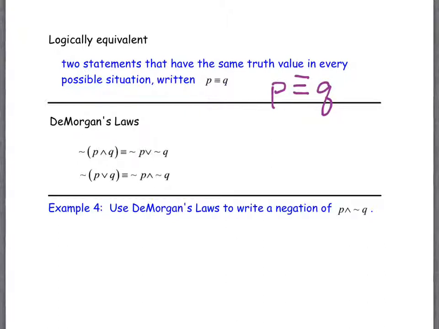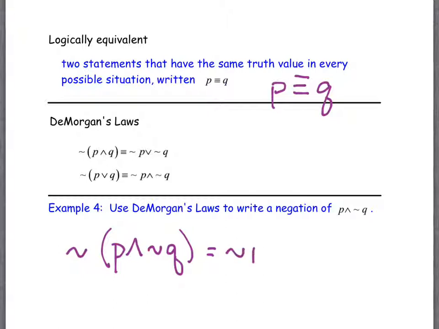The first example, example number 4, is just notation on how that works. All right, so this one says I've got negation. This is to find the negation of P and tilde Q. So the first one started out P, which means it becomes what? Not P, exactly.